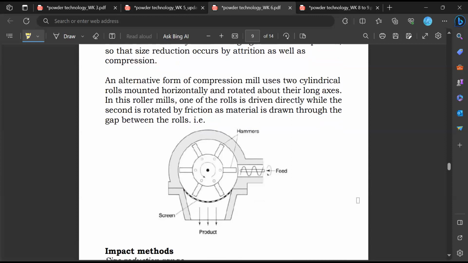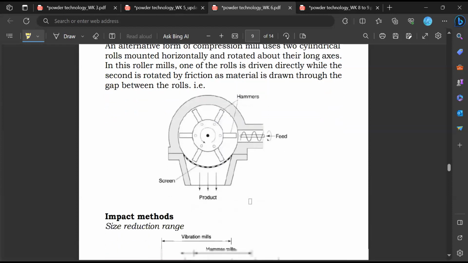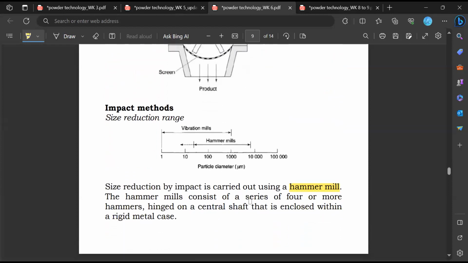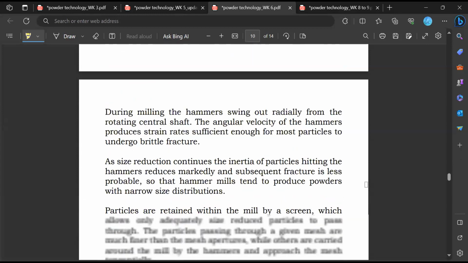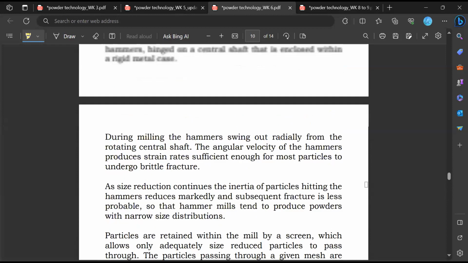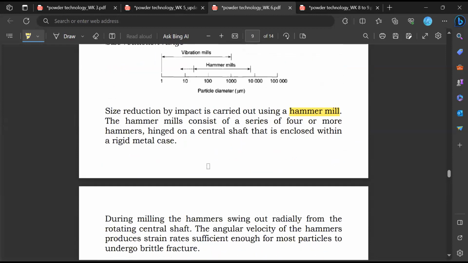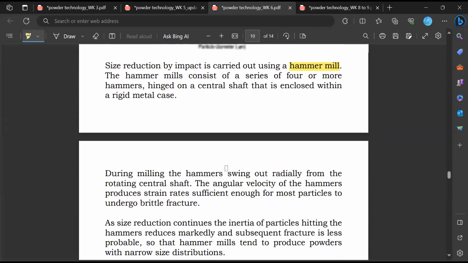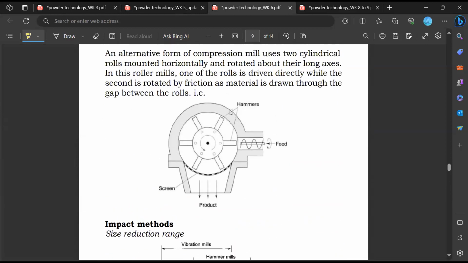So in this example, you can see where the sample is fed in, and these hammers cause compression of the particles, which reduces the size of the particles. Next is the impact method, where the hammer mill is used. I don't know if they've given a picture of that, but I feel it's similar to this one because this has hammers also.